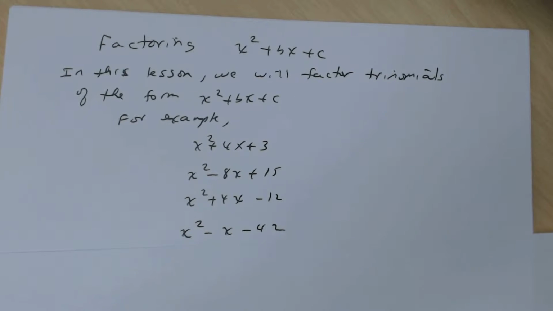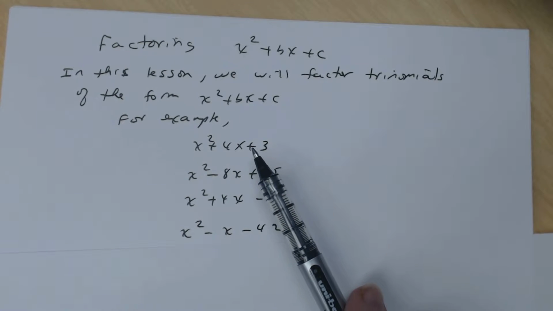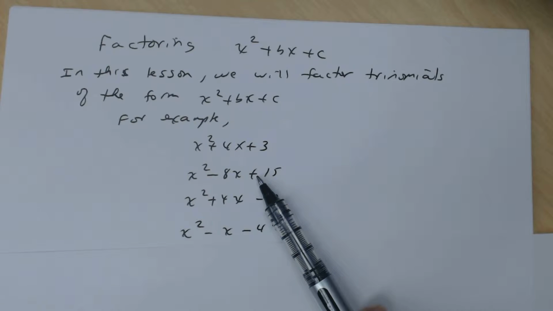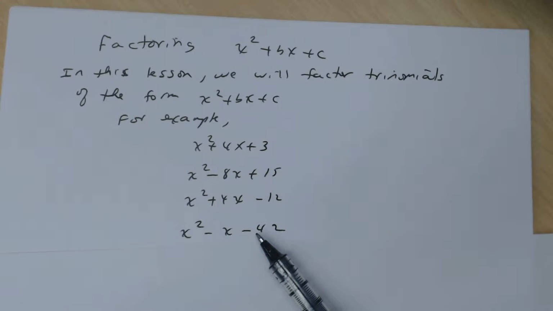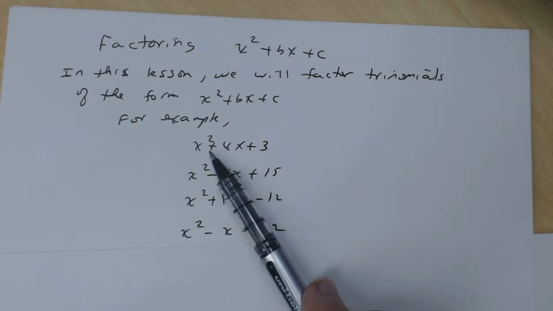As we go through this lesson, I want you to see how the last sign is positive, how this last sign is positive, how this last sign is negative, how this last sign is negative. We're going to talk about, well, the last sign is positive, and I want the middle sign to be positive. What must the factors look like?